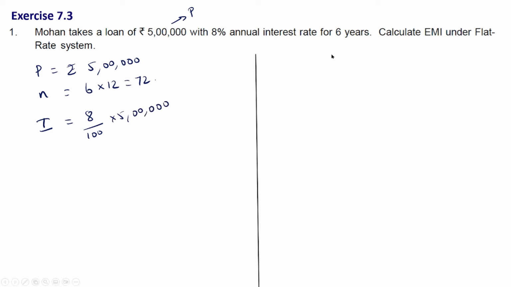Total interest will be the interest for 6 years, so 8 by 100 into 5 lakhs into 6, which is rupees 2,40,000.